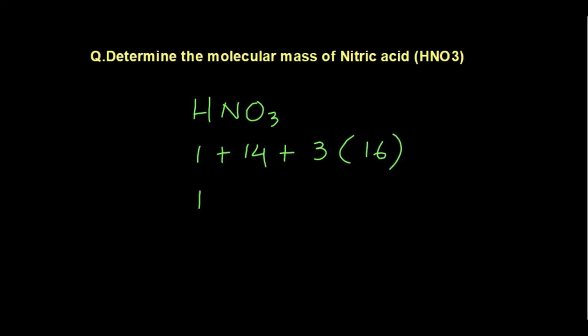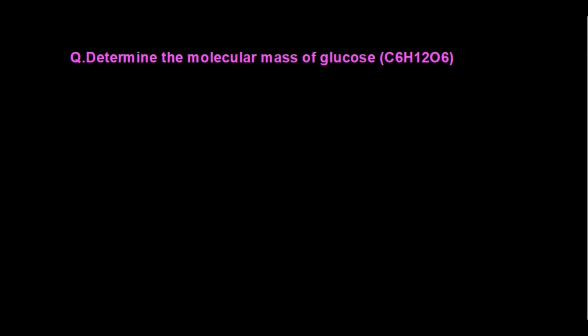We simplify 1 plus 14 plus 48. Now if we add all the quantities, we get the answer, that is 63 atomic mass unit. This is the molecular mass of nitric acid. I hope this is clear.